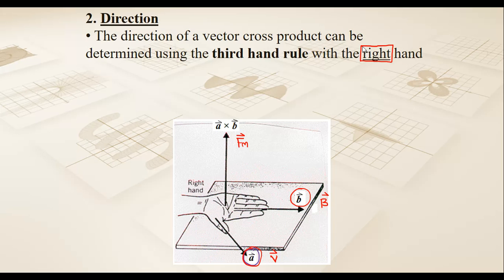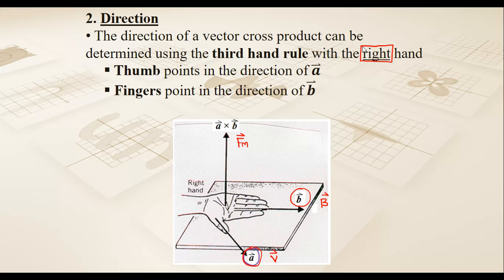Okay, let's summarize this picture a little bit. Your thumb would point in the direction of vector A. And again, if you wanted an actual physical vector, that could be the direction a particle is moving in a magnetic field. Your fingers point in the direction of your second vector, so that would be the direction of the magnetic field.